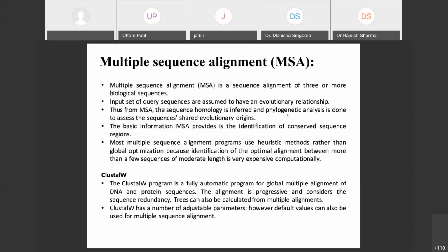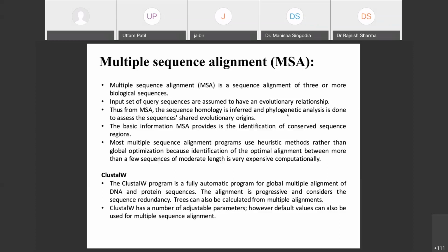The basic information MSA provides is the identification of conserved residues and conserved sequence regions. So this is the first and the most important thing. Identification of conserved sequence regions is sometimes very, very important, especially when you are dealing with low sequence similarity cases. Now most multiple sequence alignment programs use heuristic methods.